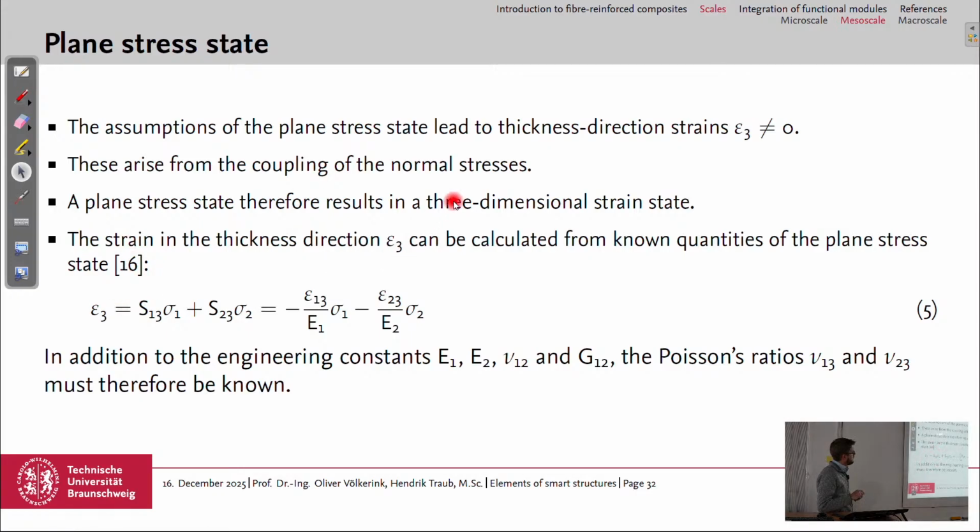So we have a 3-dimensional strain state, even if the stress state is 2-dimensional, and we can calculate it afterwards with these equations. And we need, in terms of engineering constants, the modulus in 1 and 2 direction, Poisson's ratio, and also the shear modulus and the out-of-plane Poisson's ratios for this.